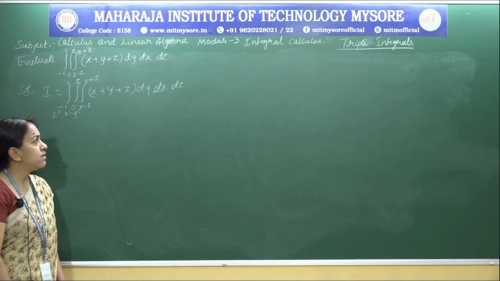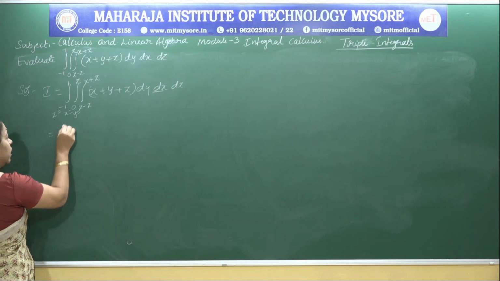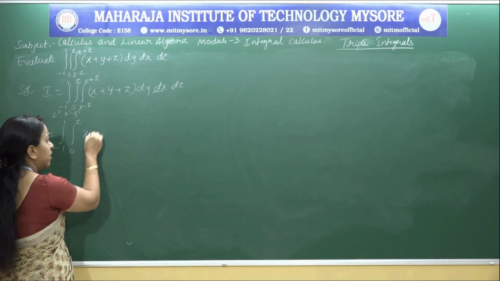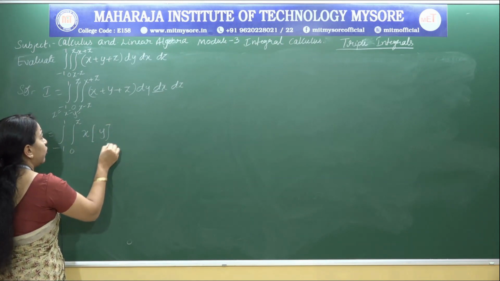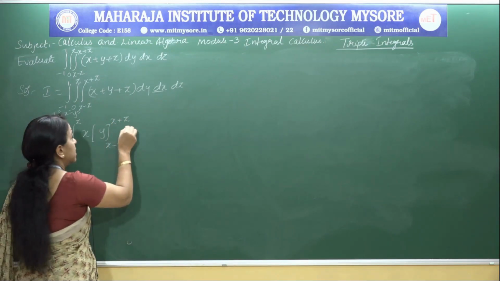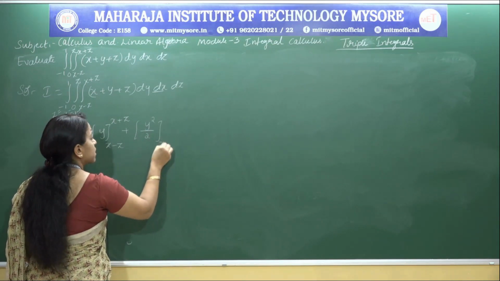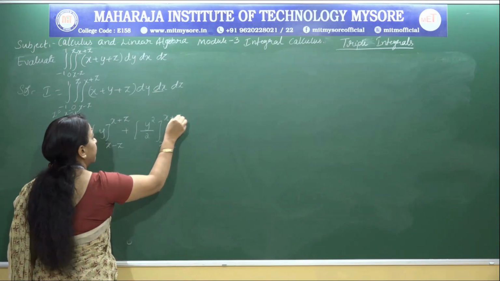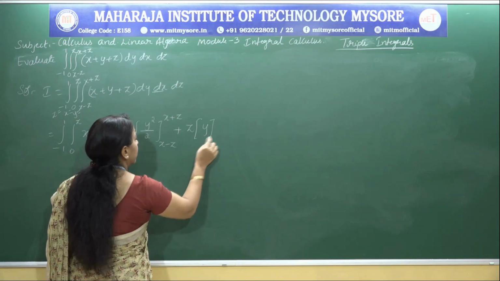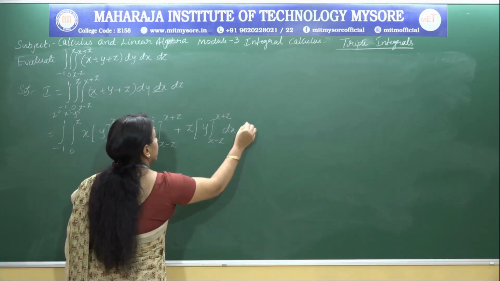Now keeping your x and z constant, we should integrate with respect to y. So integral minus 1 to 1, integral 0 to z, keep your x constant, integral of dy is y between the limit x minus z to x plus z, plus integral of y is y square by 2 between the limit x minus z to x plus z, plus z constant, integral of dy is y between the limit x minus z to x plus z, dx then dz.